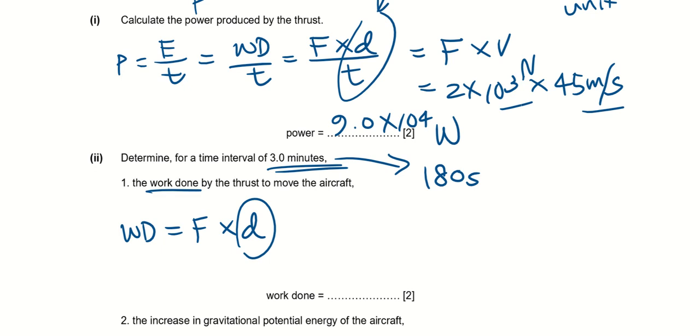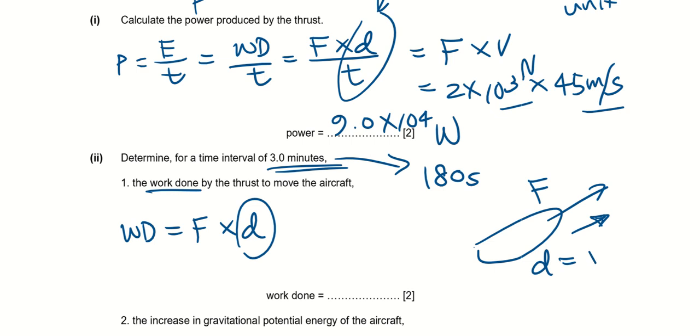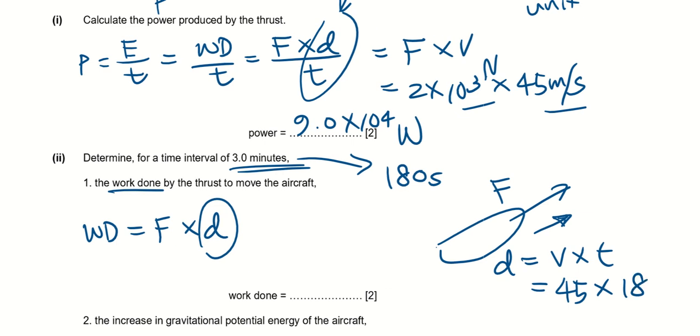The force, take note, if I were to draw the plane, is in this direction, so the distance moved in the direction of the force must also be in this direction. So the distance traveled equals speed times time, and my speed is 45 times 180 seconds.